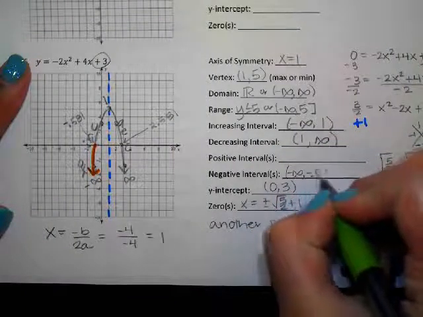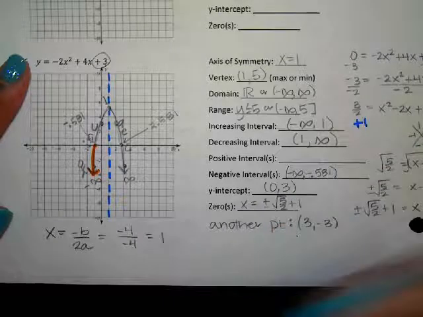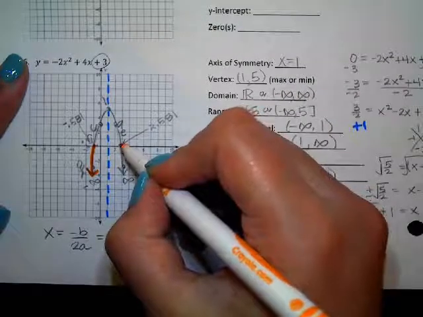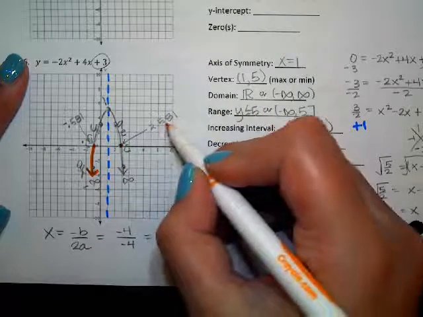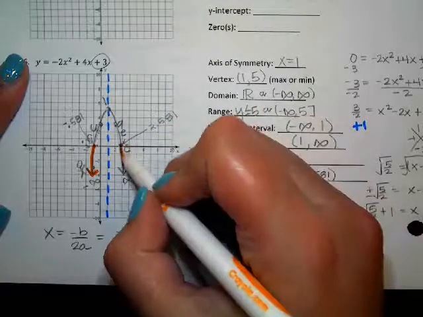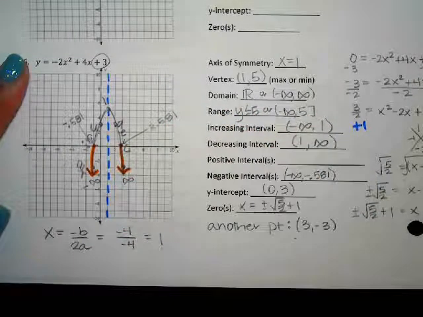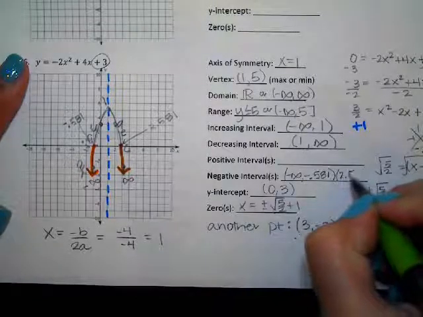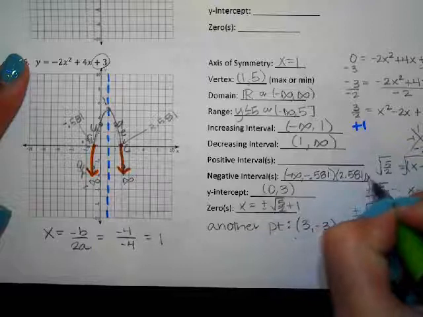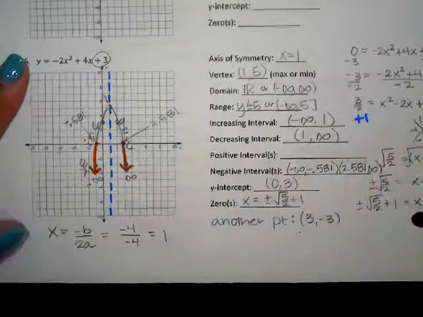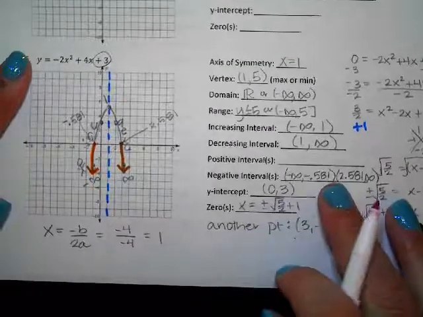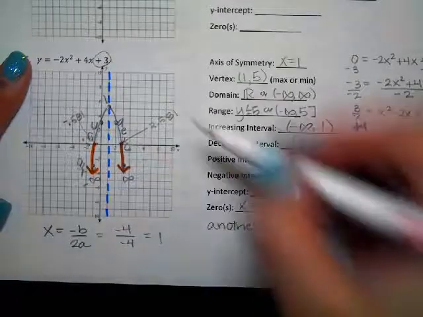And then the positive interval is the part that is above the x-axis, so from negative 0.581 all the way to 2.581. There's the positive interval. All right, and there we are, done with number 6.